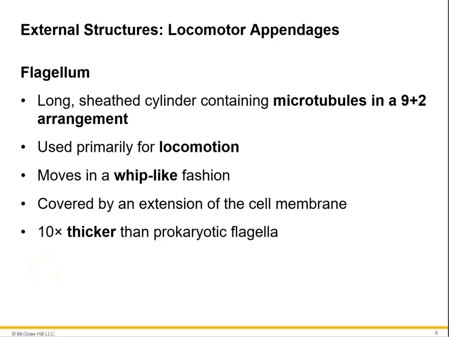All right, so again, let's work our way inwards. So we'll start with the outermost structures, and these are going to be the appendages of locomotion. So the flagellum and the cilium.